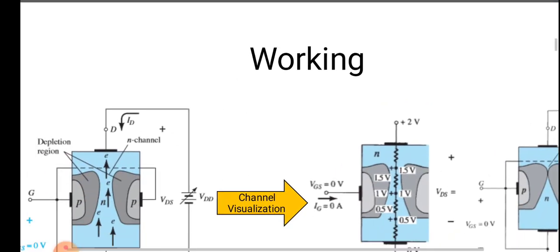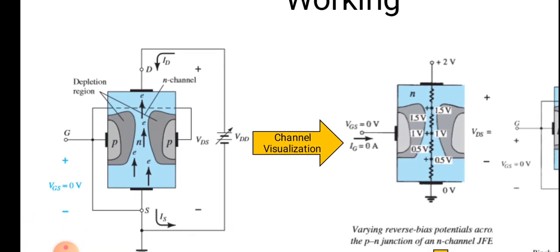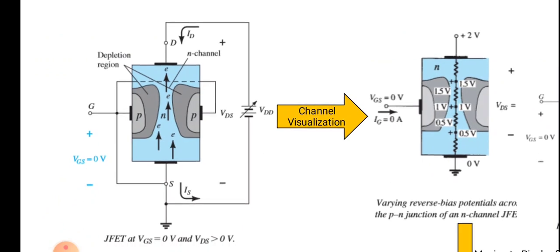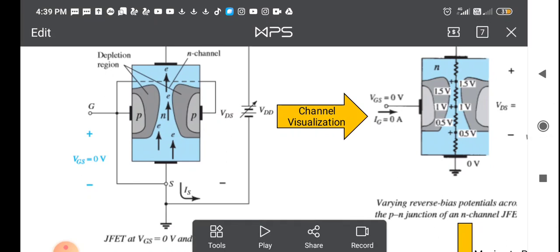Now the working of JFET. There are various cases under which JFET is operated. In the first case, we consider that the gate to source voltage is zero. That is, gate and source are short circuited, and because of which there is no potential difference.